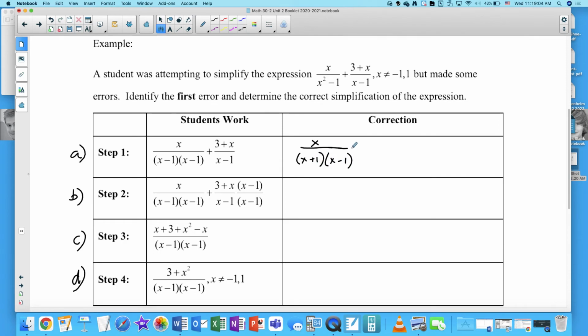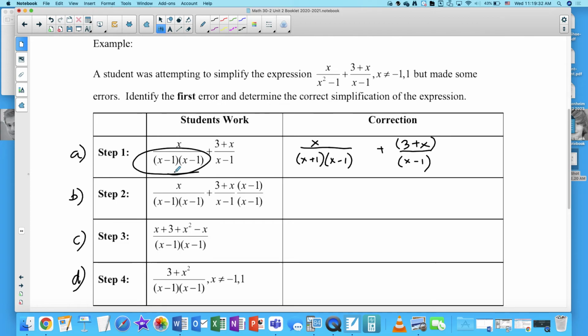See anything yet? Yeah, right? First mistake is right here. That was factored incorrectly. Okay, so if this was a multiple choice question, you would say A. First mistake is in step A. Okay? We could also state our non-permissibles here. X cannot equal positive or negative 1.